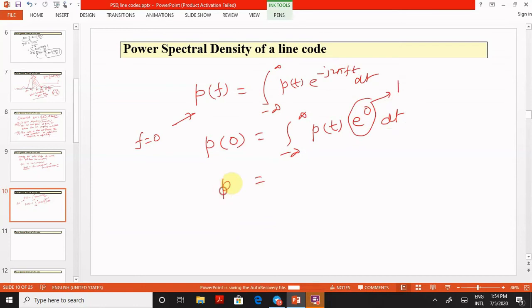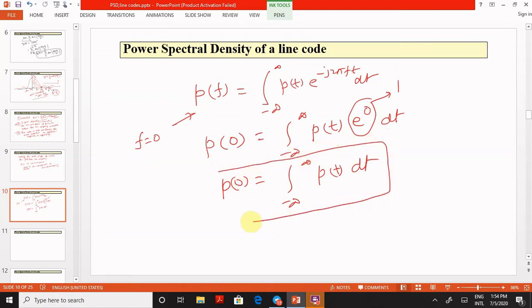So ultimately we can write P(0) as the integral from minus infinity to infinity of p(t) dt. It means P(0) will give you the area under the curve of p(t), or the area under the pulse, because the integral of p(t) dt is nothing but the area under the pulse.